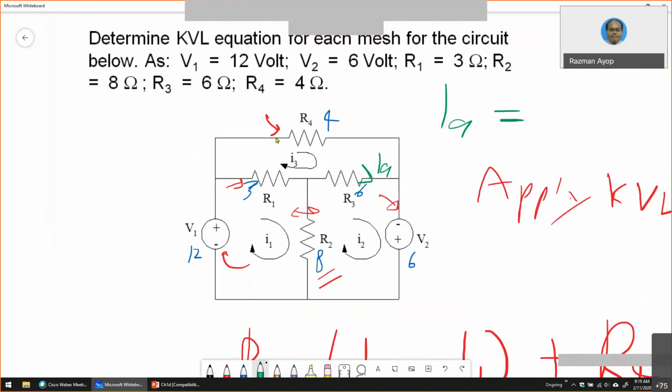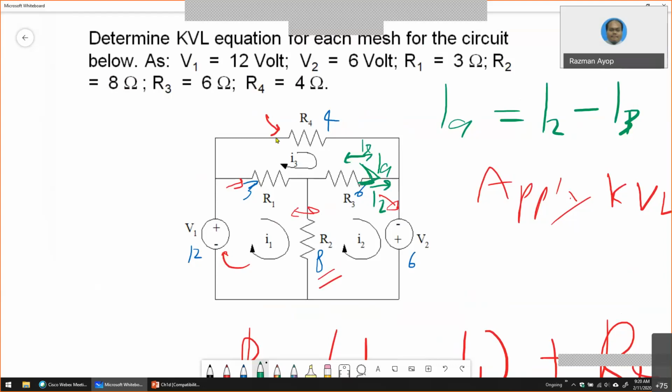IA is basically I2 minus I3, because the IA direction goes to the right. So you look at the loops that go to the right: I2 goes to the right, and I3 goes to the left, the opposite side, so you put negative I3.